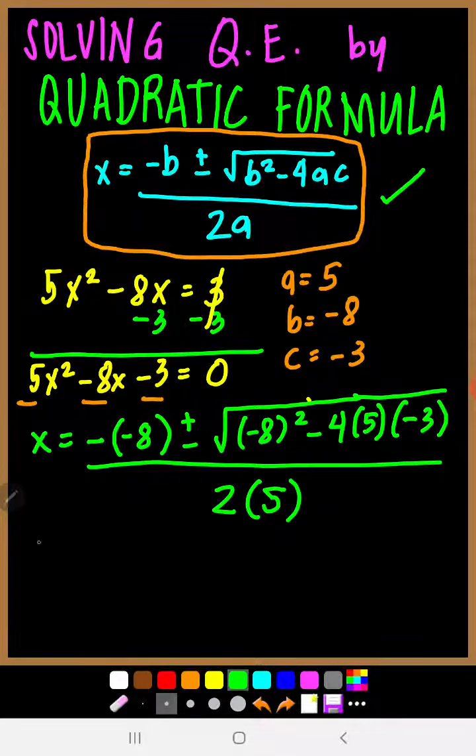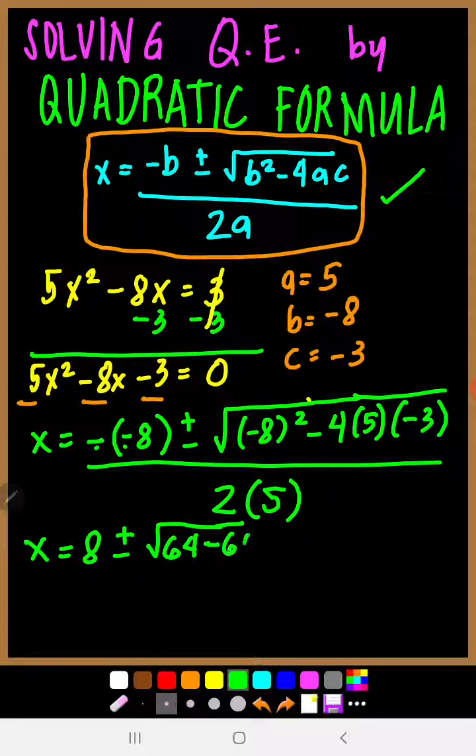Then x equals negative times negative 8, so this becomes positive 8, plus or minus the square root. Negative 8 squared is 64. Negative 4 times 5 times negative 3 is negative 60. And then 2 times 5 is 10.